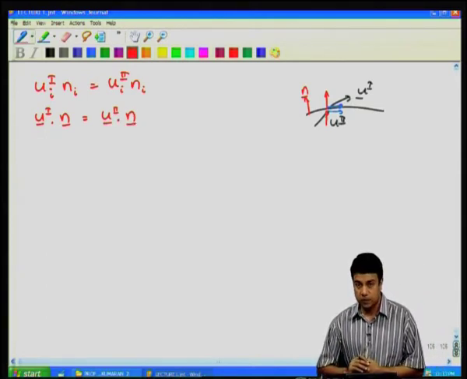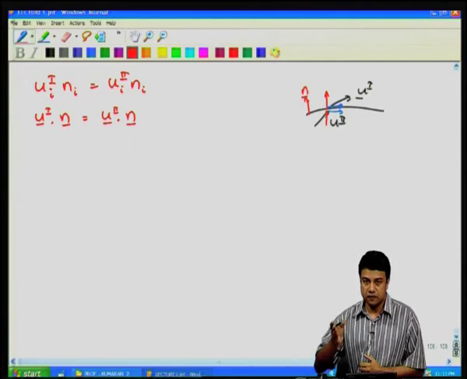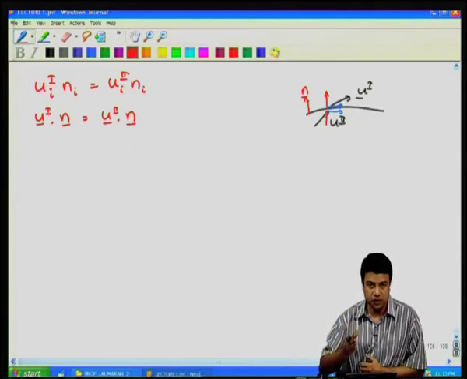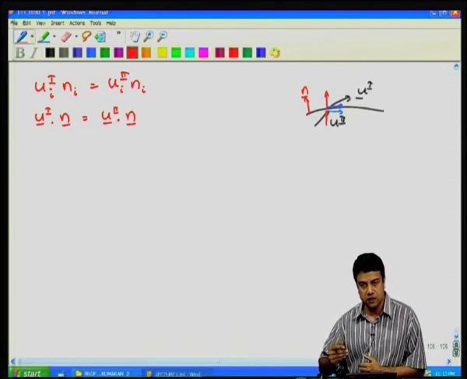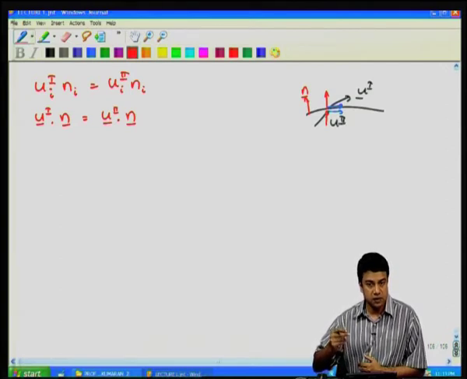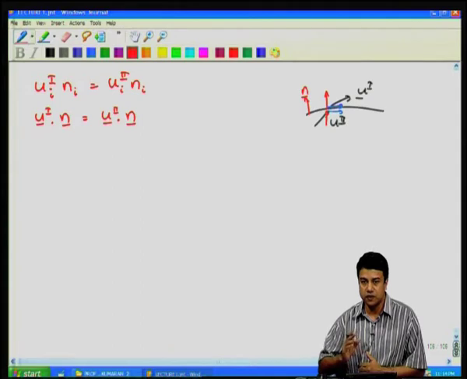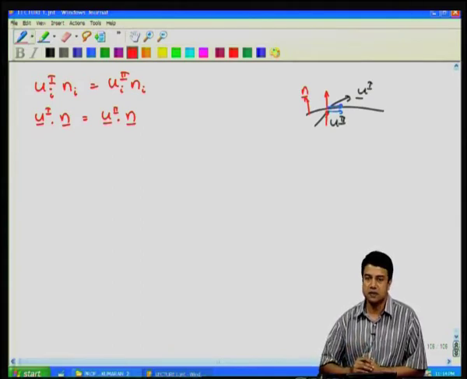That is the normal component of the velocity at the interface along the direction of the normal in fluid 1 has to be equal to that in fluid 2. Otherwise, you will have a velocity discontinuity at that point. Fluid 1 is moving faster or slower than fluid 2 at that point, and the velocity is double valued. Velocity is a single valued function of position. Therefore, you cannot have two values of the velocity at a given location, even if that location is an interface.